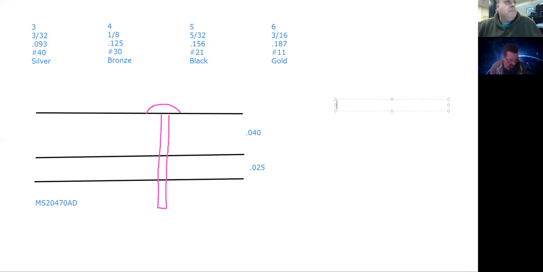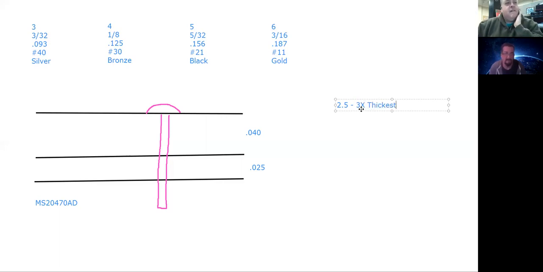But now we need to figure out what size rivet we're going to use with these 2 sheets. Okay, so the formula, do you remember the formula? Yes. For the diameter, we're going to do 2.5 to 3 times the thickest sheet. Yep.